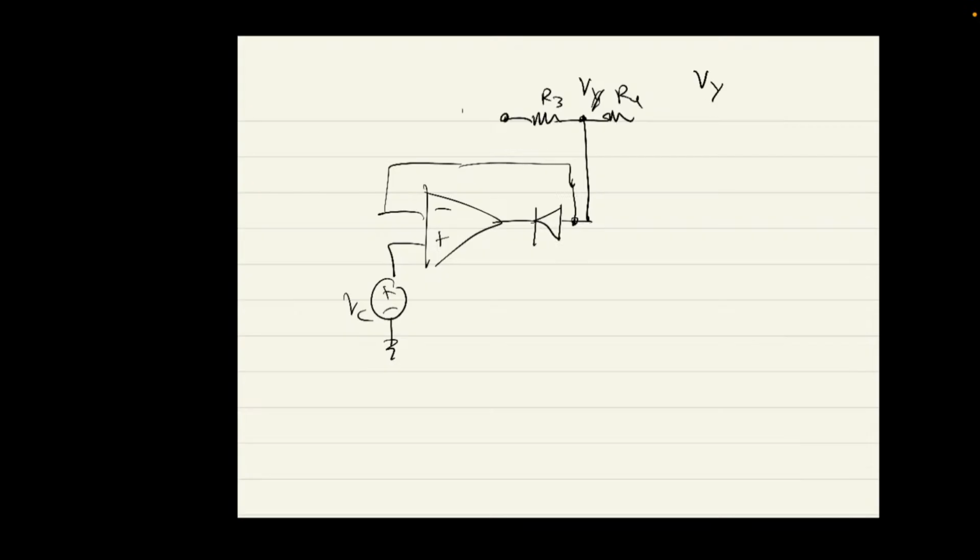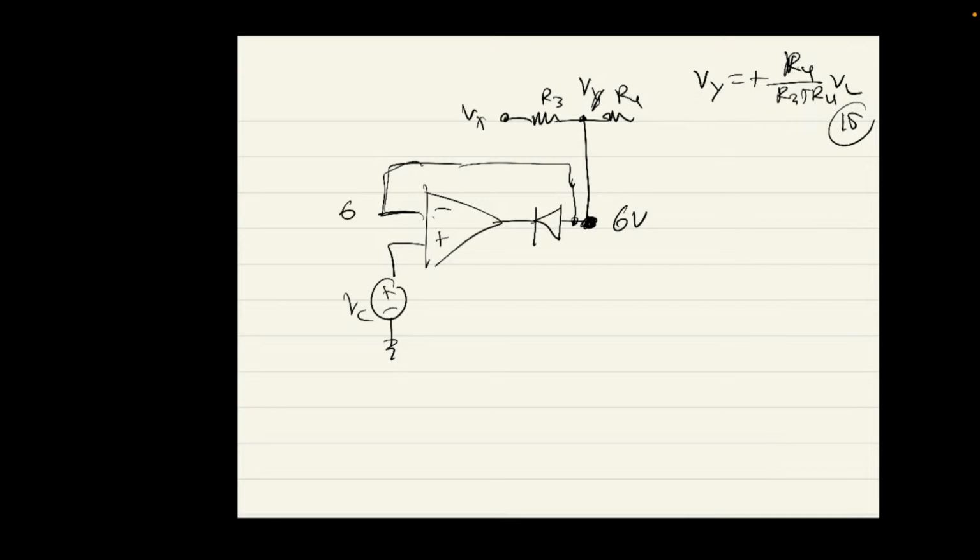If Vx is VL, then Vy will be positive R4 on R3 plus R4 times VL, right? However, since VL is going to be like 15 or something, you can think of this as some voltage. Let's just say that this is 6 volts or something. Well, what happens is we have 6 here.